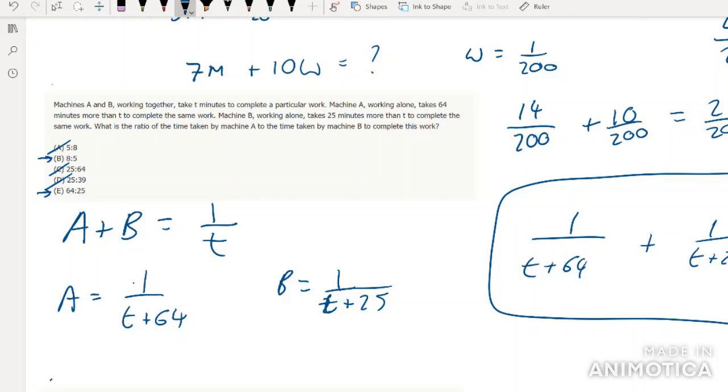So in other words, E cannot be the right answer, simply because when you add T to both of them, you can't keep the same ratio. And so we're left with just B.